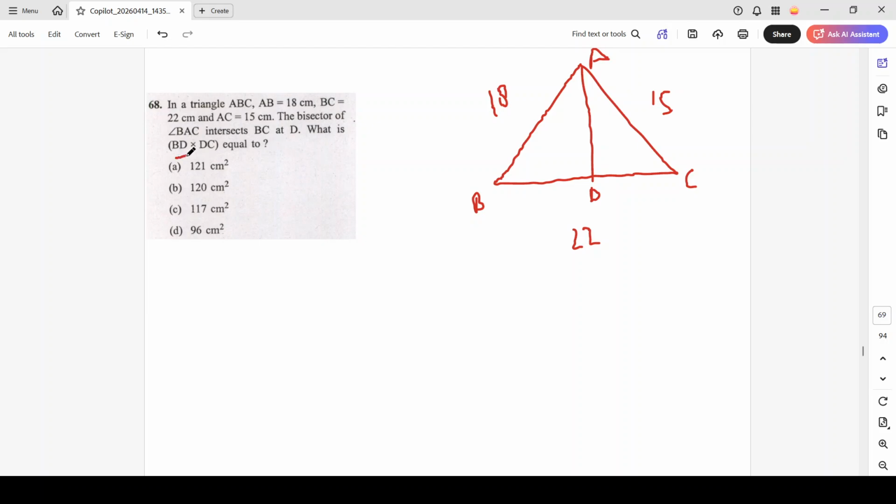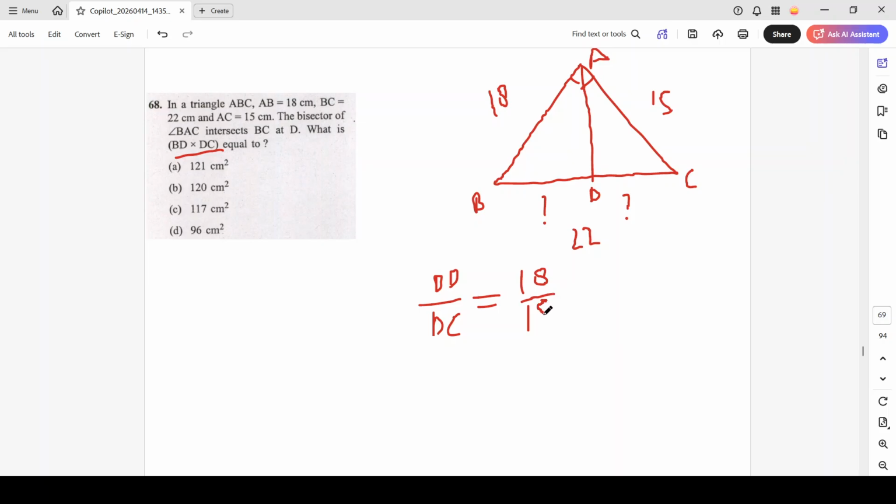So what is BD into DC? We need to find out BD into DC. As we know, when there is an angle bisector, it divides the opposite side in the same ratio as the sides it contains. So BD upon DC is equal to 18 upon 15.